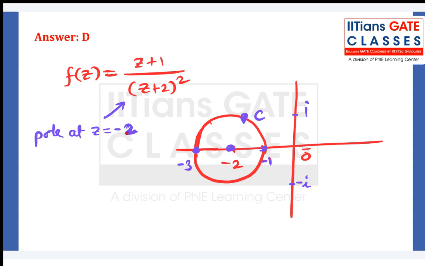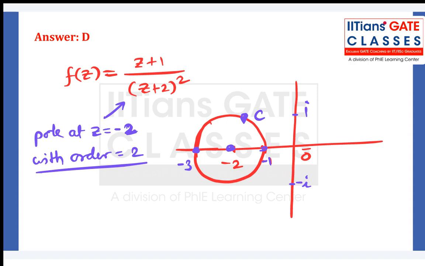One more thing: this pole at z = -2 is of order 2, so it is a double pole, and it is inside your closed contour C, so the residue will be considered. If the pole is outside your closed contour C, then we consider that there is no residue because of that pole, because it is outside of your region of interest.